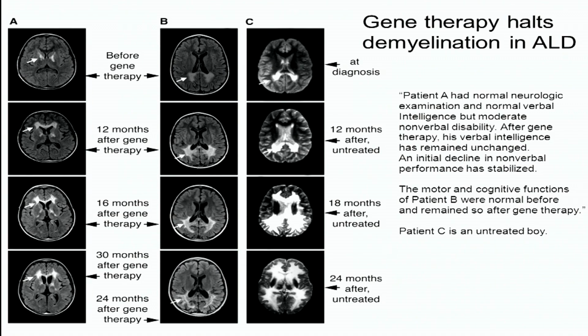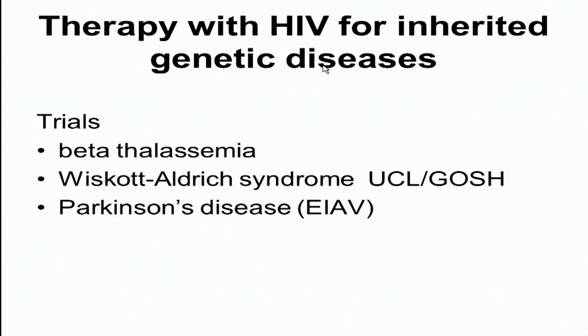And this world of gene therapy, which I think everyone thought was maybe slightly frightening, very ineffectual, and a bit hyped, is now becoming a reality. And there are ongoing therapeutic trials of gene therapy, for example, for children with beta thalassemia, which is, as you probably know, a red blood cell disorder, which is, again, very unpleasant, can be cured to some extent by blood transfusion, but an unpleasant disease.